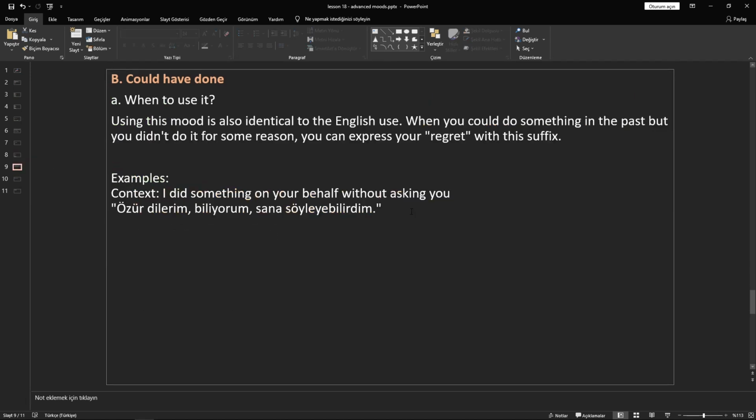And when to use it. This one is a bit similar to should have, but there's a small difference. I used the same example again, the same context. So again, I did something on your behalf without asking you, and then you find out, then you get mad, and I go like, I apologize.